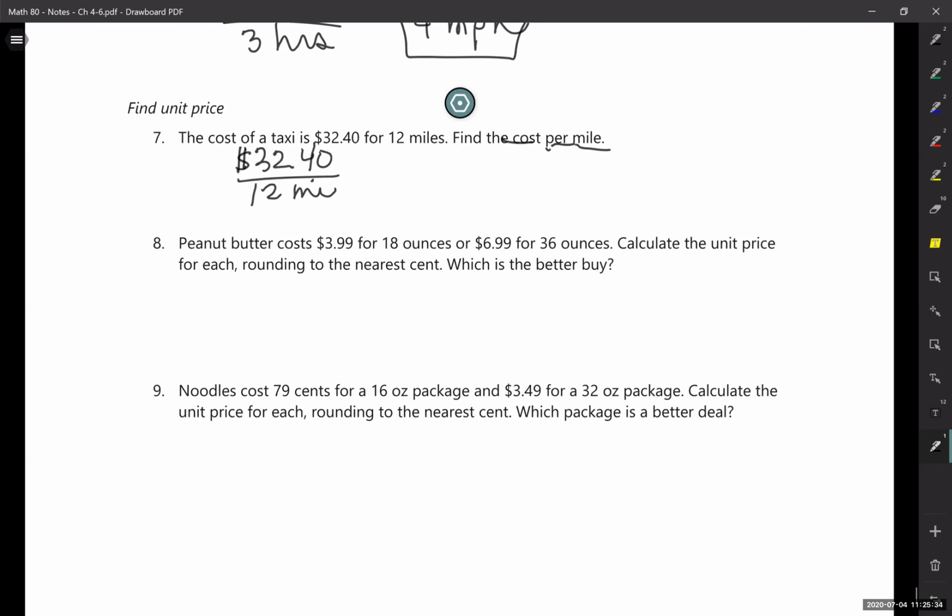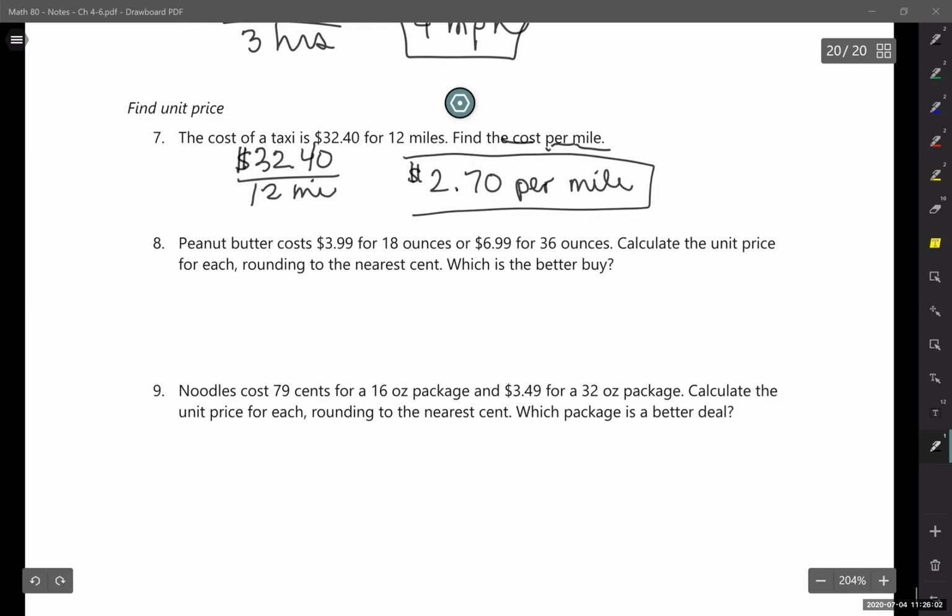So I'm going to put $32.40 in my calculator and divide by 12. And I get, my calculator says 2.7, but since we're talking about money, we have to fill in some stuff. So we have to fill in the dollar sign. And then money always goes to the nearest penny. So we put $2.70 per mile.